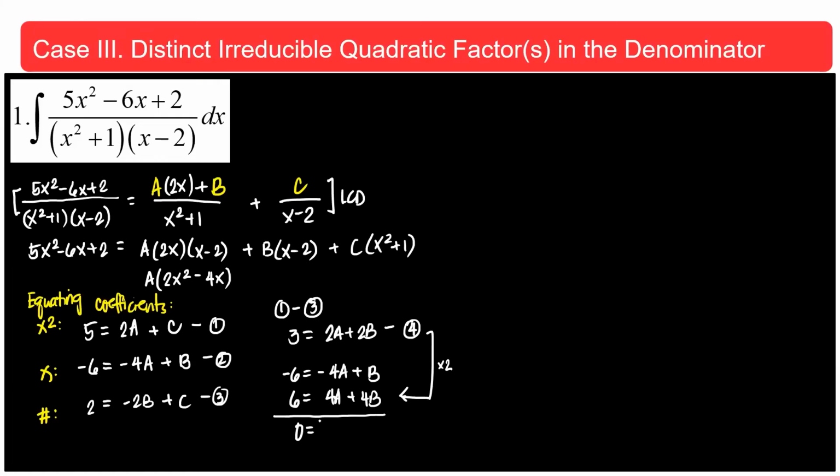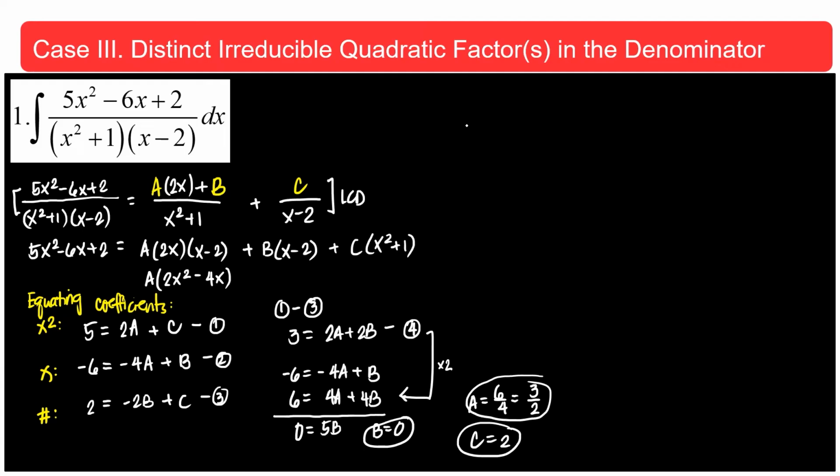So 0 equals 5b. I can see that b is 0. Can you follow, guys? If my b is 0, let's plug in 0. Therefore, your a is 6/4 or 3/2. So you can solve for b as well. Your b is c as well. Sorry. C is 2.